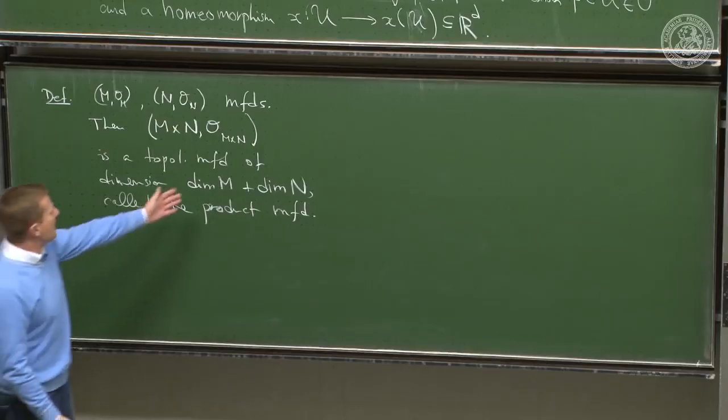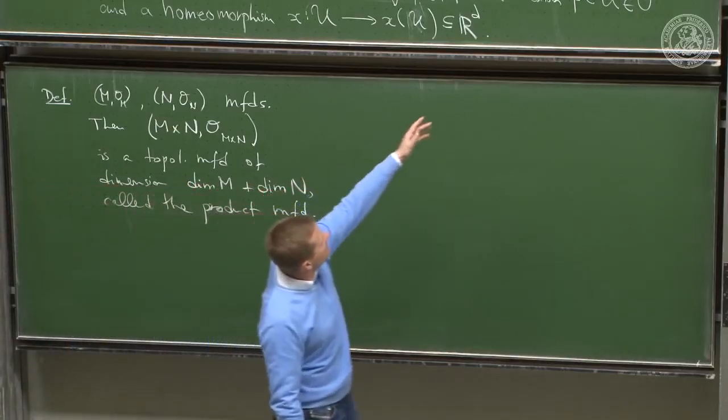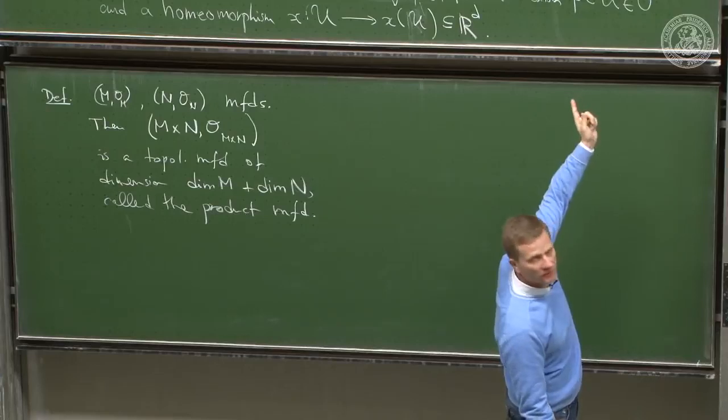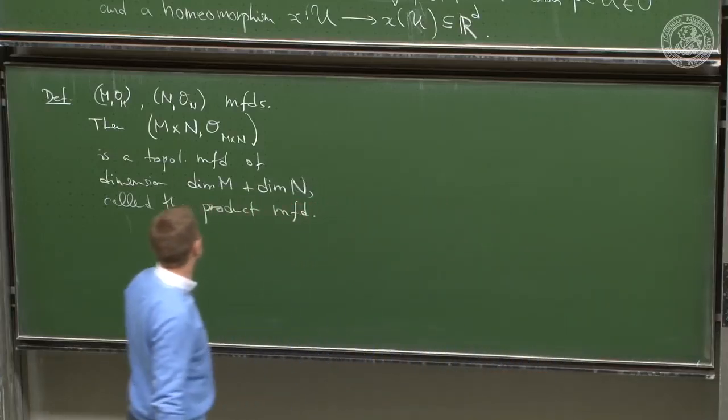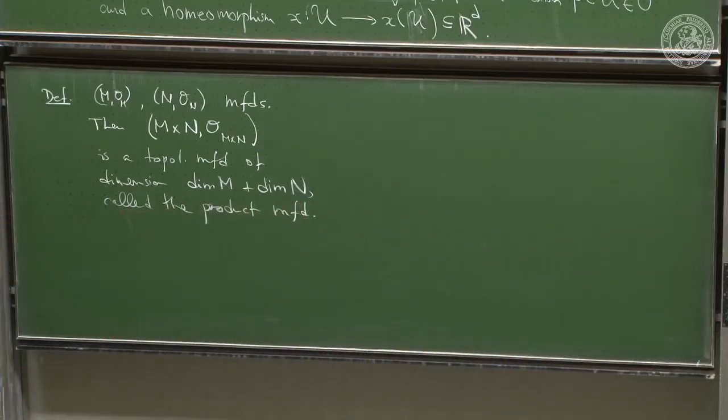By dim M, dim N, I obviously mean the respective d from the definition.